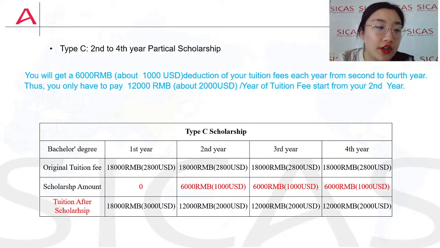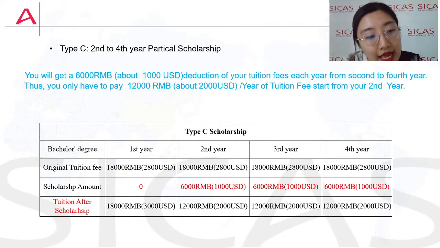The original tuition fee for the first year is 2,800 USD, and you basically have to pay the same amount because there's no scholarship for the first year. And from the second to the fourth year, you only have to pay around 2,000 USD all across.